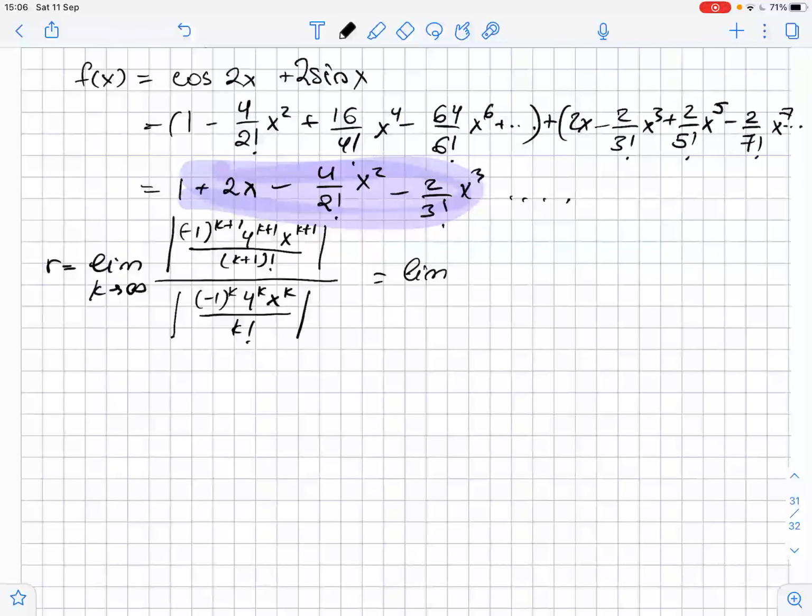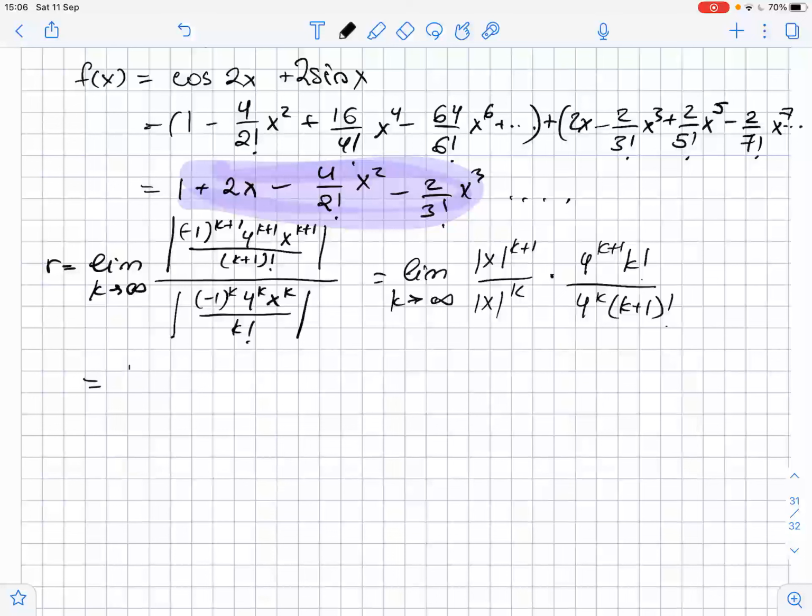and k approaches infinity. Then this equals the limit of the absolute value of x to the power of k plus 1 over the absolute value of x to the power of k, multiplied by 4 to the power of k plus 1 times k factorial over 4 to the power of k times (k plus 1) factorial, and k approaches infinity.